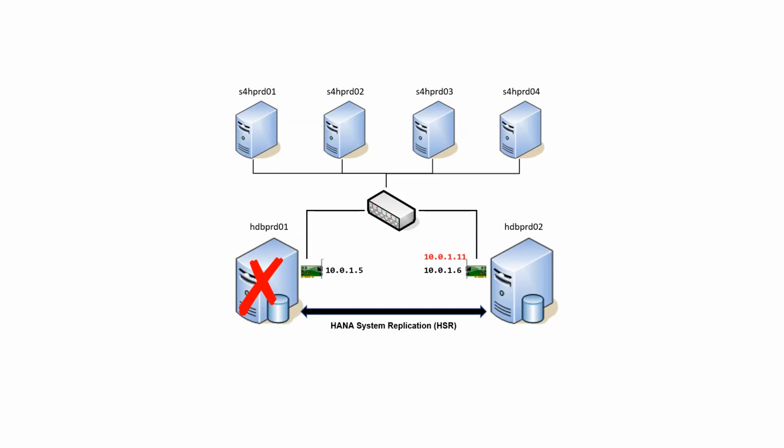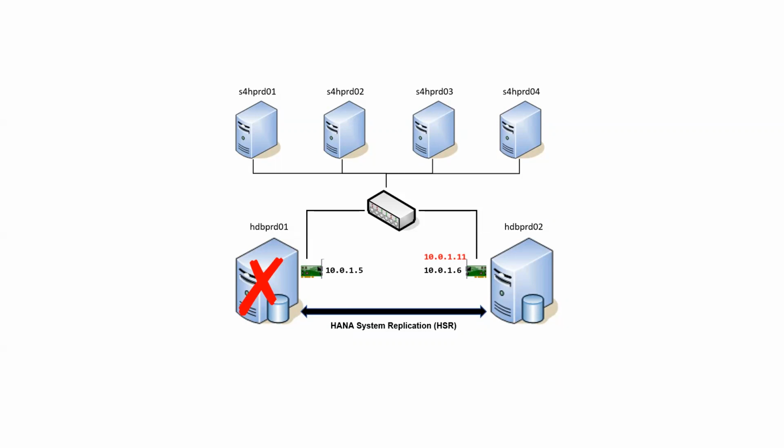And in this case, if there is a mistake, if the database is still running on the primary node and the cluster makes a wrong decision and starts the services on the secondary node, then you will have two active systems in your environment.